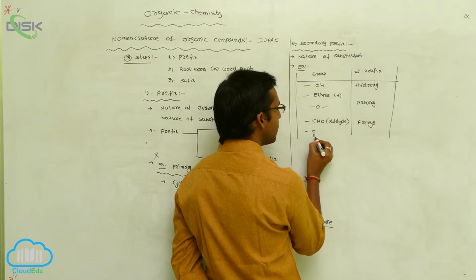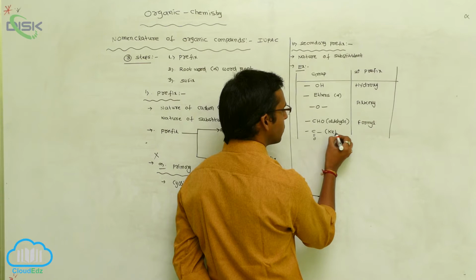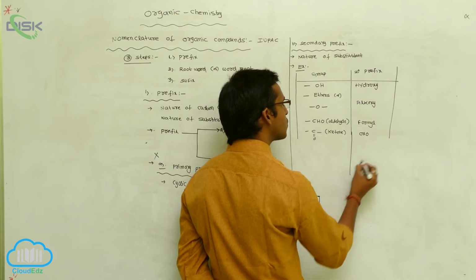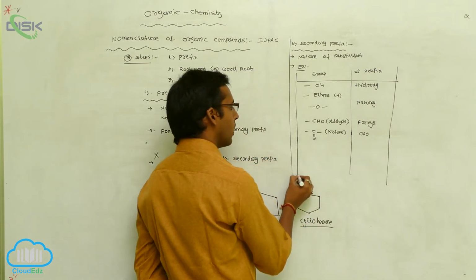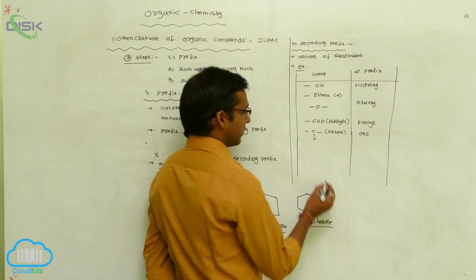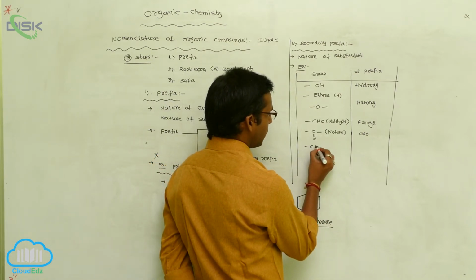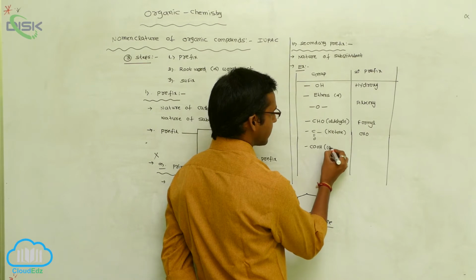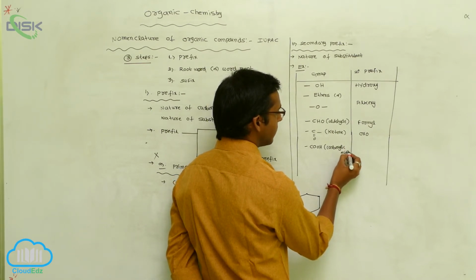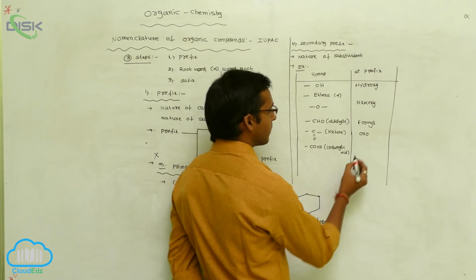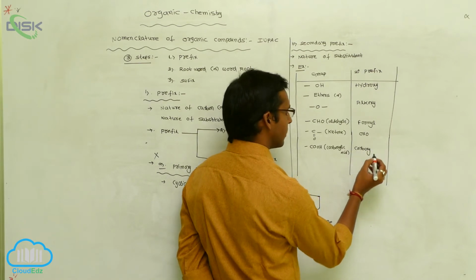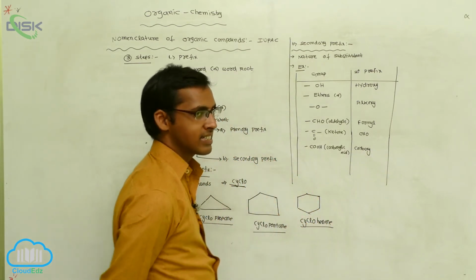If a keto group is present, ketone, whenever the ketone group is present, its secondary prefix is oxo. If the COOH group is present, carboxylic acid, its secondary prefix is carboxy.